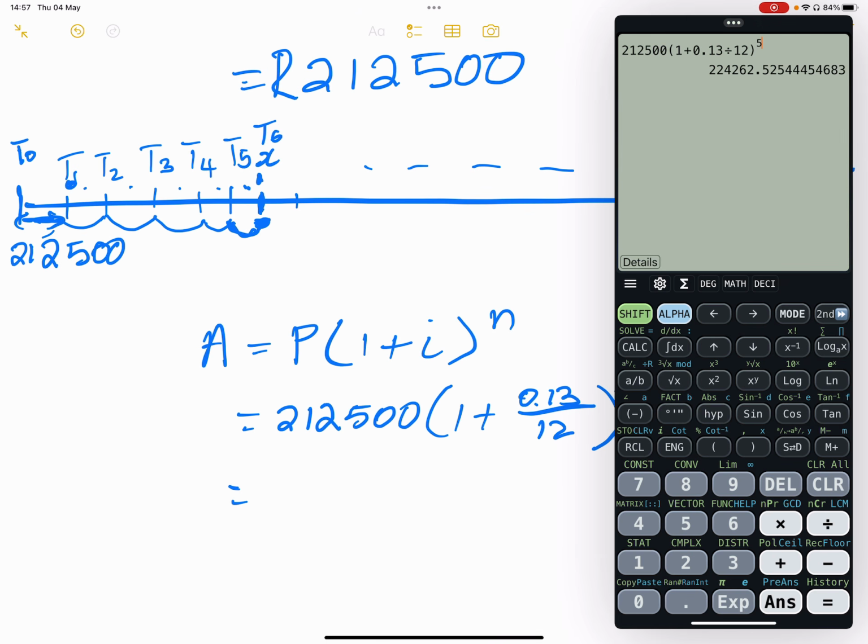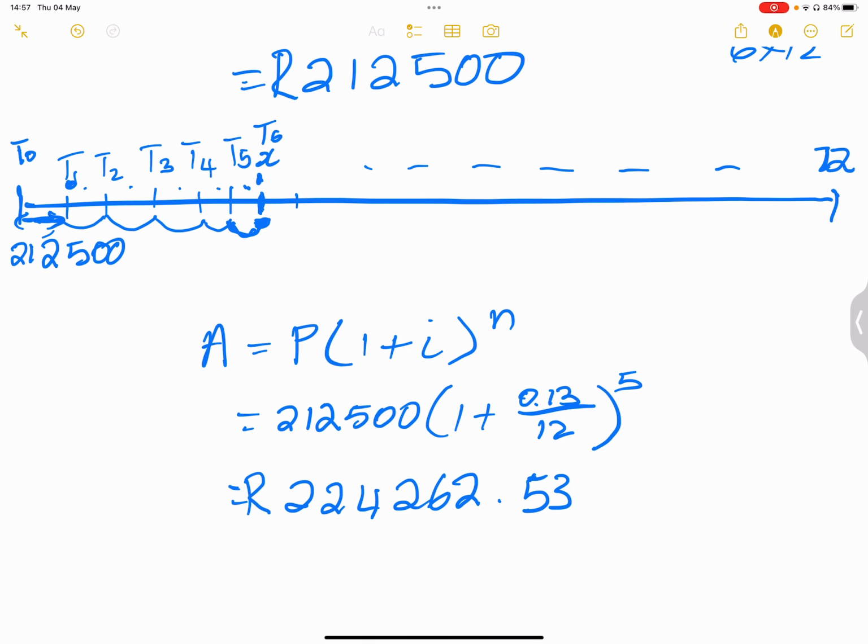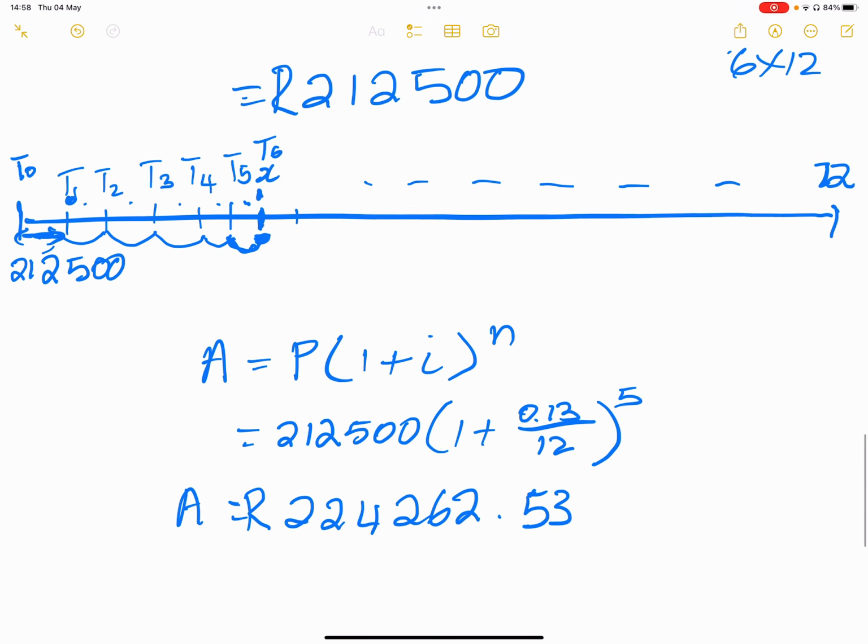Okay, right, so within those months, what the loan accumulates to is 224,262.53. Okay, right, so this is what the loan accumulates to before he starts making payment, right?